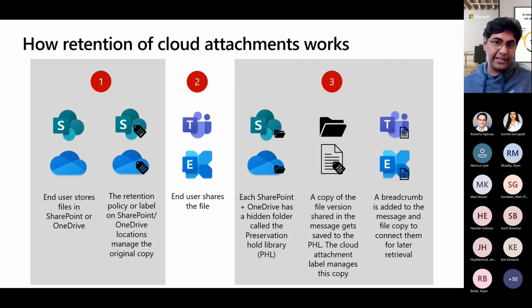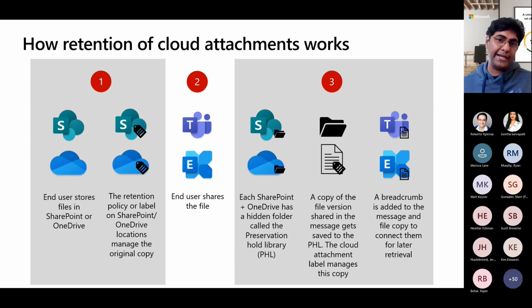But the moment they start sharing these in Teams and Exchange, Outlook, what we do behind the scenes when a cloud attachment policy is in action is, there is a hidden folder called preservation hold library in each of these SharePoint OneDrive locations.